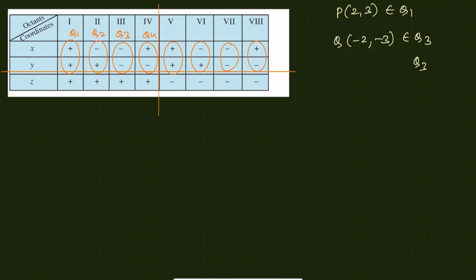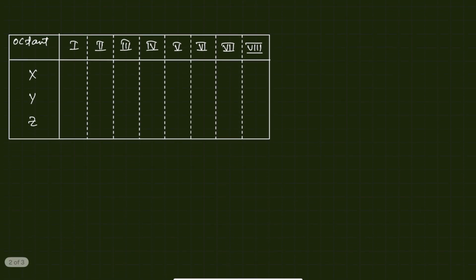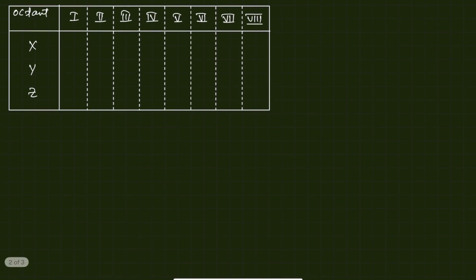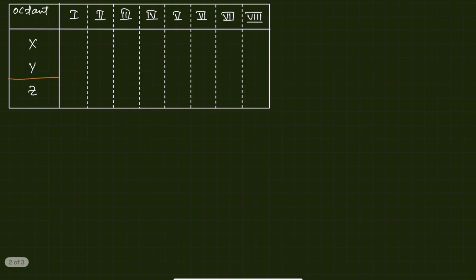Now for the z axis, you observe that in the first 4 octants it is positive, and in the next 4 octants it is negative. So to remember this table, you divide it into 2 parts, x, y one part, and you divide the octants into first 4 octants and next 4 octants.